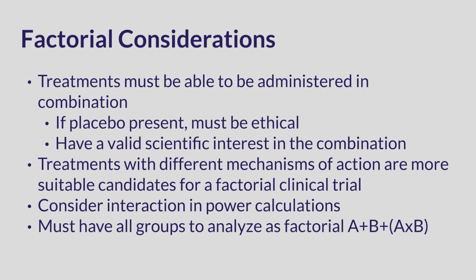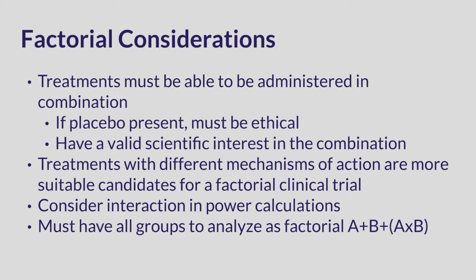Considerations with factorials is that treatments must be able to be administered in combination. If there is a placebo option for both, a placebo group must be ethical. A lot of times you can no longer administer a full placebo group, and that's where we get into a partial factorial, or we'll talk about that in just 1 minute. You need to have a valid scientific interest in the combination. An example is that treatments with different mechanisms of action are more suitable candidates for a factorial clinical trial.